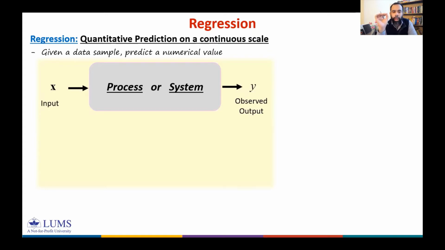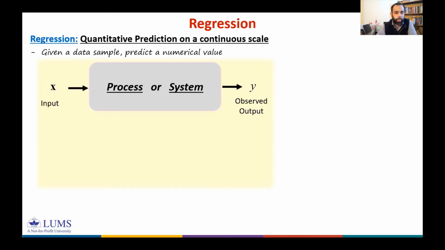So the idea here is we have a process, it could be a system, that has some input X, and you observe the output Y. We don't know the process, we don't know the system. That is something we want to model. So given a data sample X, we want to learn about this process or system such that we are capable to predict the possible output Y, right?